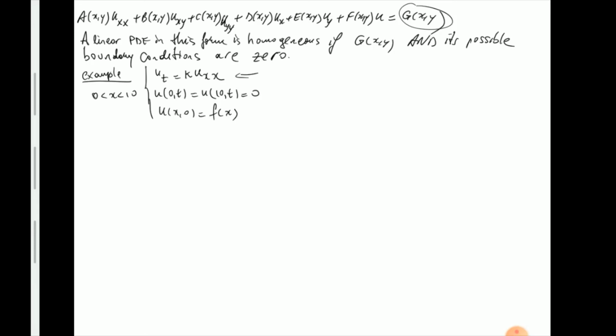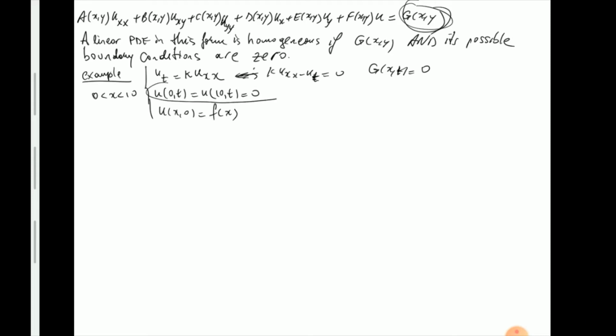This is homogeneous, so it's a homogeneous PDE, where g of x, y is 0. If you move all the u's to one side, you don't have to do that, by the way, because we don't need to do that when we solve it. But when we move everything to one side, obviously g of x, t, which stands for that right-hand side term, is 0. So that's homogeneous.